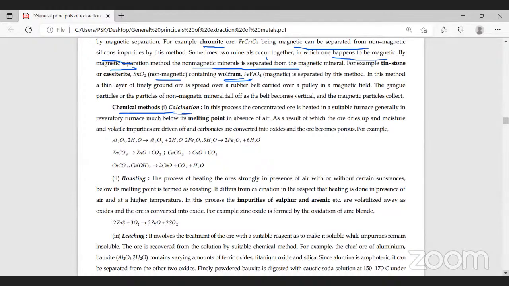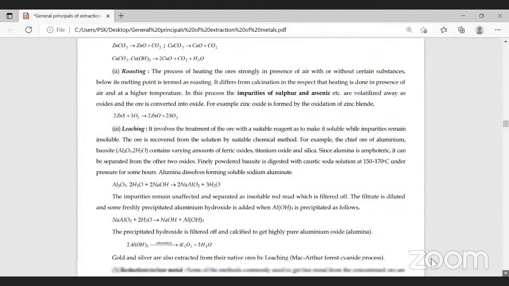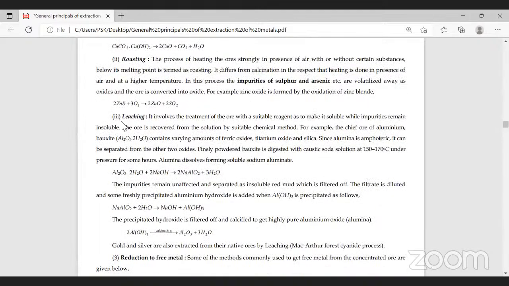In chemical methods, we have a process called leaching. This is important. Leaching involves the treatment of the ore with a suitable reagent so as to make it soluble while the impurities remain insoluble. For example, the ore of aluminum is bauxite.